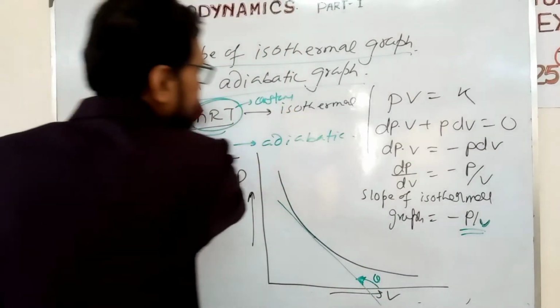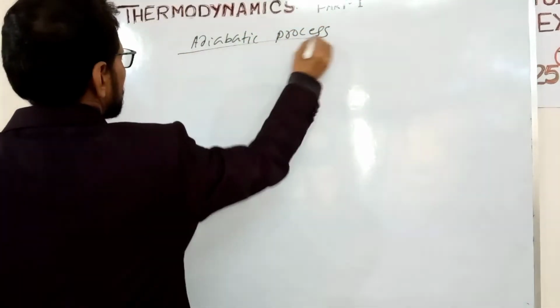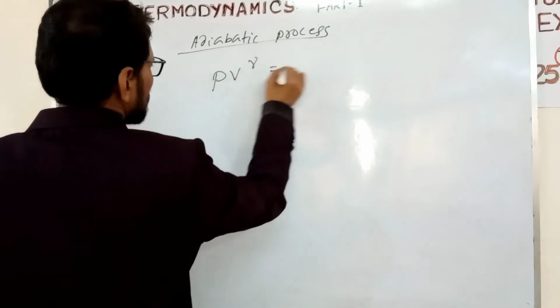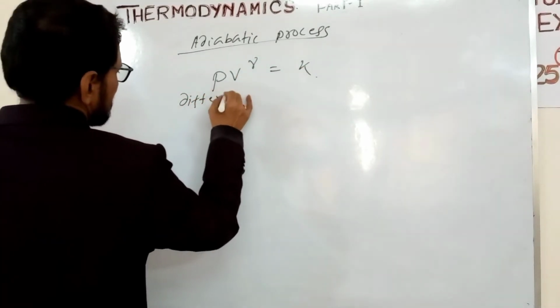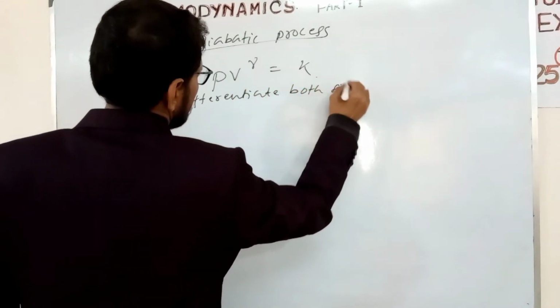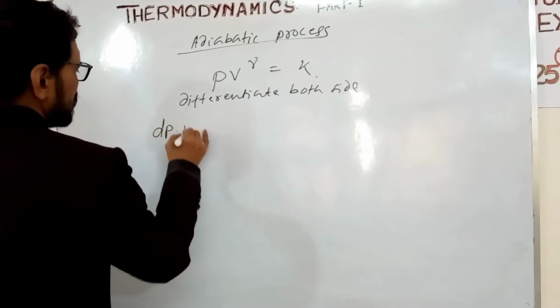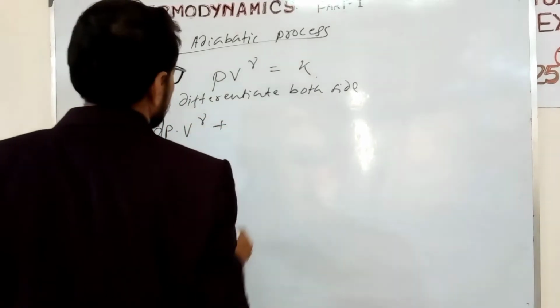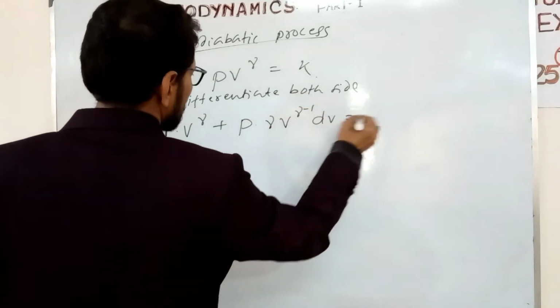Now for the adiabatic process, P V^γ = constant. If we differentiate both sides, dP·V^γ + P·γ V^(γ-1) dV = 0.